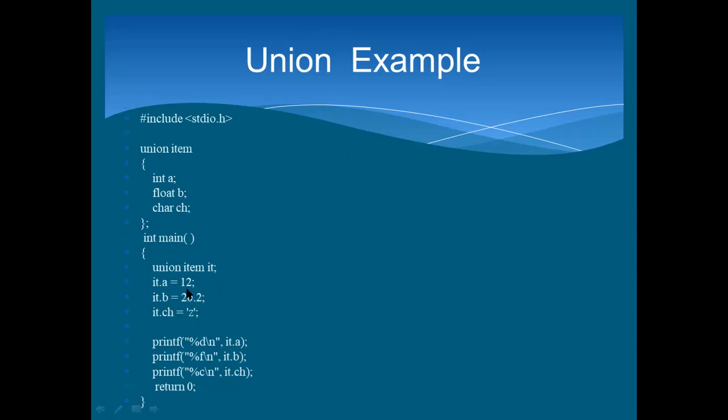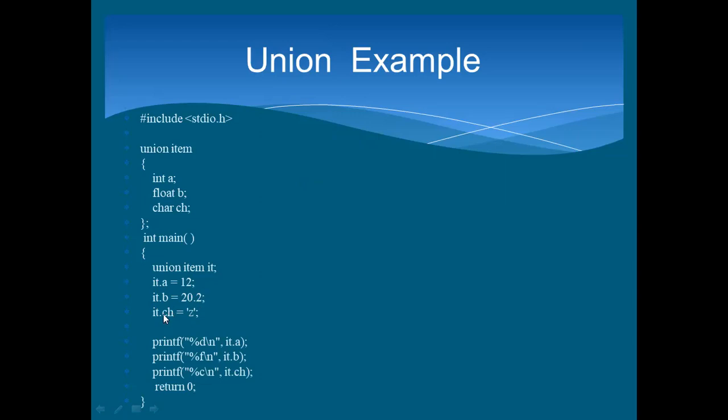Now in the next line, we specify it.b equal to 20.2. This will overwrite the a value. How many memory locations are there? Only one memory location. The container already contains the value 12, and now we write a new value 20.2, so the previous value 12 is overwritten by the new value 20.2.